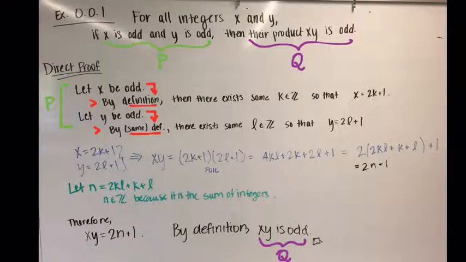And then underneath that is the consequence of that assumption, where we directly plug in the definition of what it means for an integer to be odd. So it was clear to me exactly how those definitions were being used to support the assumption that p was true. And then we did some nifty algebra and justified that therefore xy is also odd.